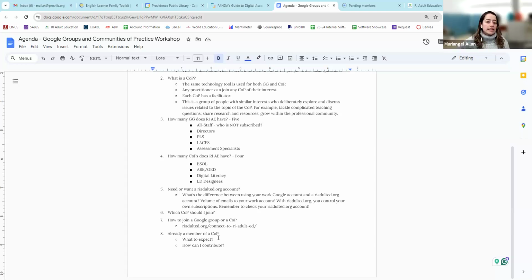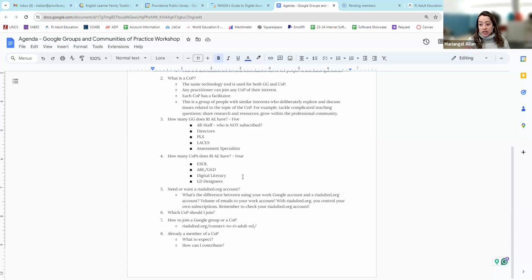So now let's go to the COPs. How many COPs do we have in the state? 4. We just launched the ESOL COP, which has a facilitator, like we were saying. All of these 4 COPs, or communities of practice, have a facilitator. The facilitator for the ESOL COP is Amanda Henley.